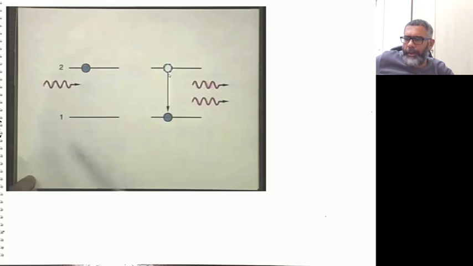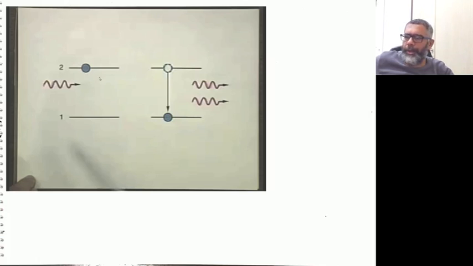Why? If you repeat this process many times over, you might notice that, okay, we had this excited atom, but the atom goes into the ground state level, so it must radiate one photon, but this photon might be coming in any direction, right? It should come in any direction.